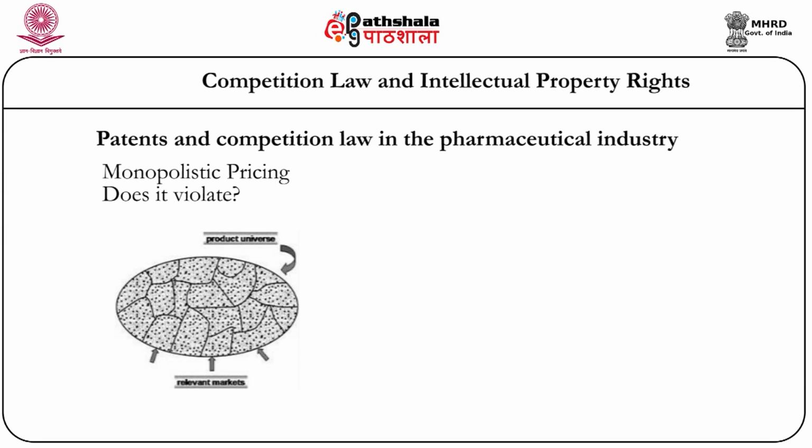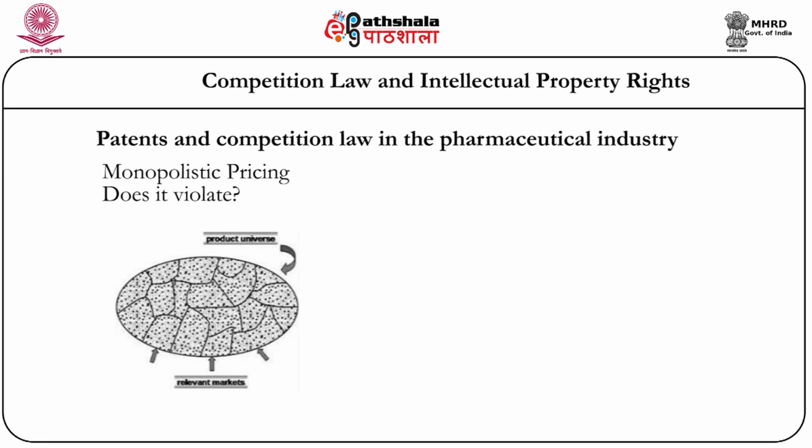Now, one of the conditions in which competition law and policy operates is that it has to define what is the product universe and the relevant market. The relevant market in relation to a specific good would be that where, by virtue of an increase in prices or certain unilateral acts of the IP holder, there would be sufficient consumers who would shift to another substitutable product.